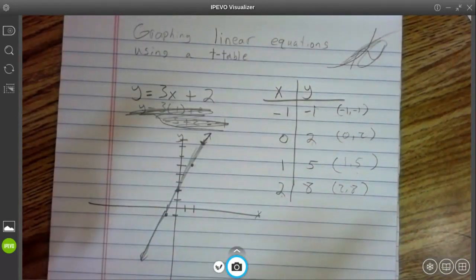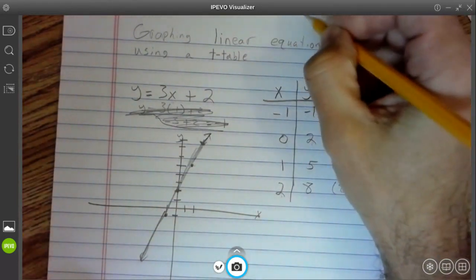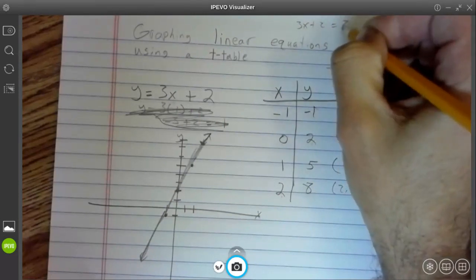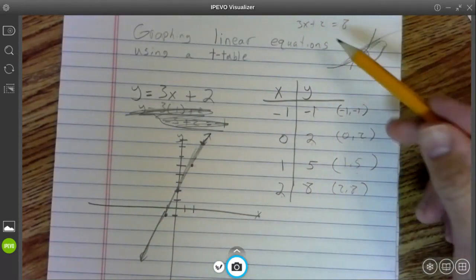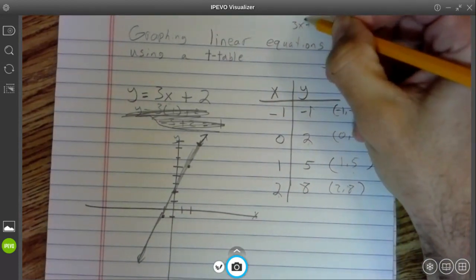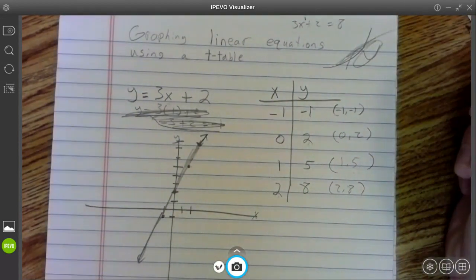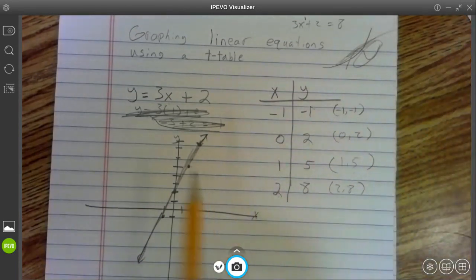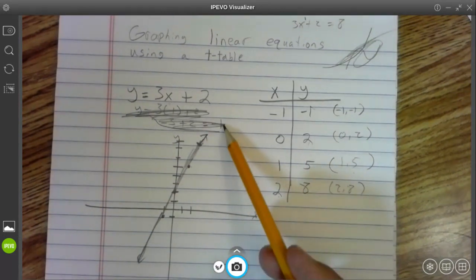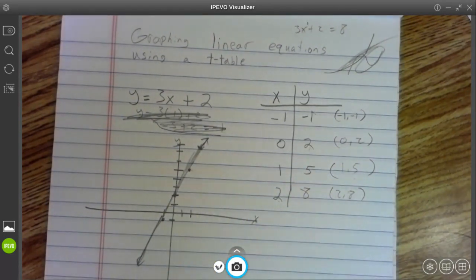Now, normally, you know how regular equations, like two-step equations, 3x plus 2 equals 8 or whatever, will only have one solution because it's a degree 1 equation. Well, when you have linear equations with two variables, x and y, you end up with infinitely many solutions.